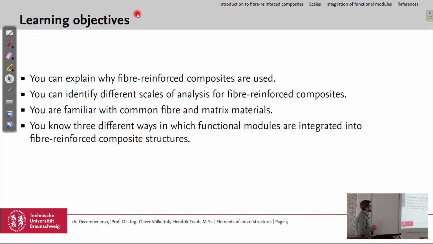So the learning objectives of this lecture are that you can explain why fiber reinforced composites are used at all. Then that you can identify different scales of analysis to look at fiber reinforced composites, that you're familiar with common fiber and matrix materials, and that you know 3 different ways in which functional modules or transducers, which we had in the lecture before the last lecture, are integrated into these kind of structures.